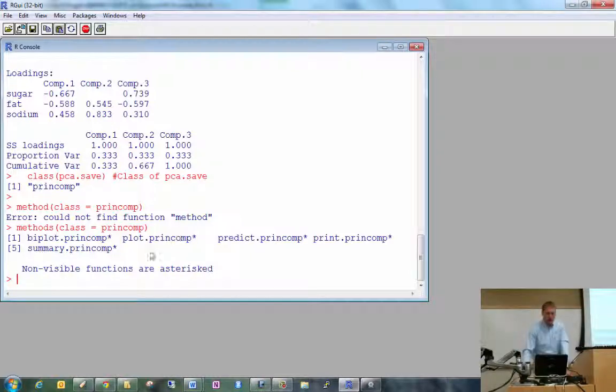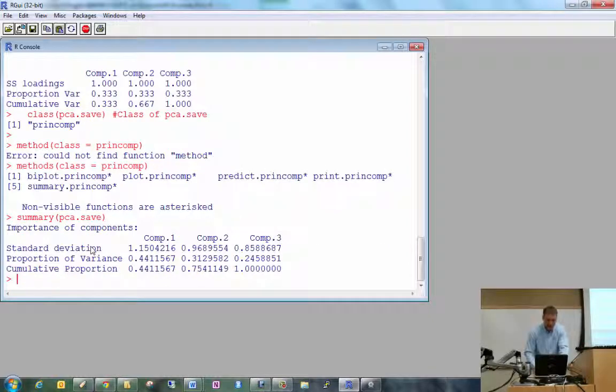So for example, you see something here called summary.princomp. If I type summary of pca.save, I get a summary of the information that's inside pca.save. Now, why was I able to use summary versus summary.princomp? Does anyone remember?